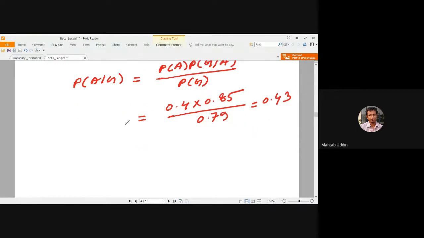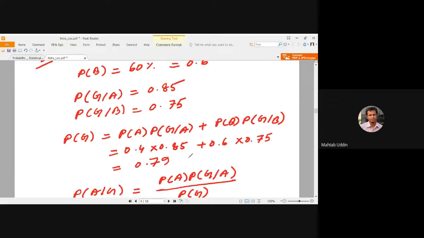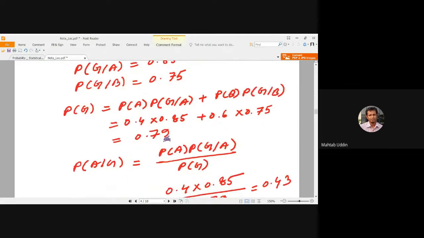But as your information is given in percentage, you should write the answer in percentage. Now do you understand? These are total germination.